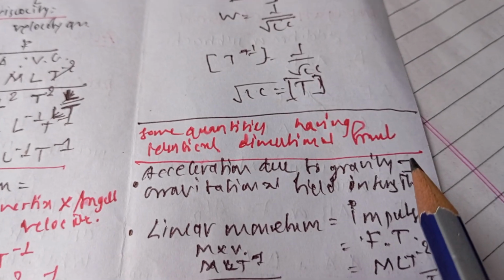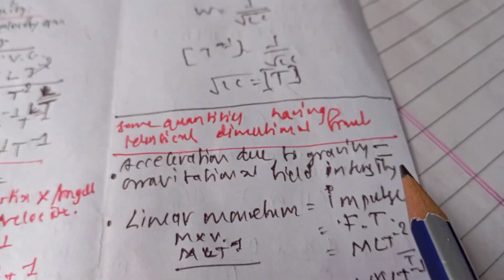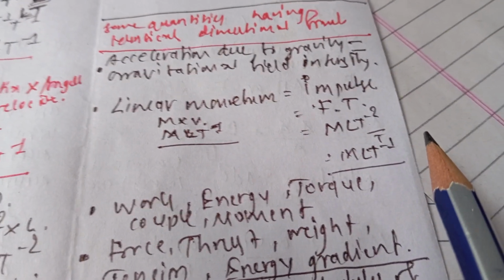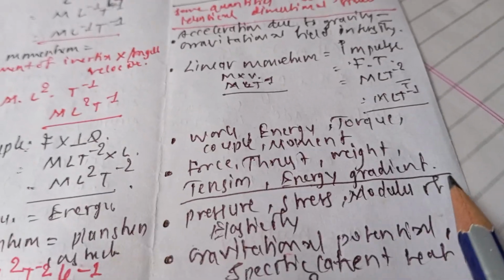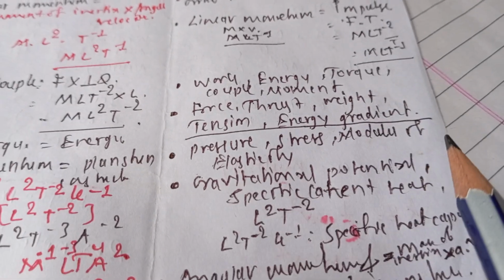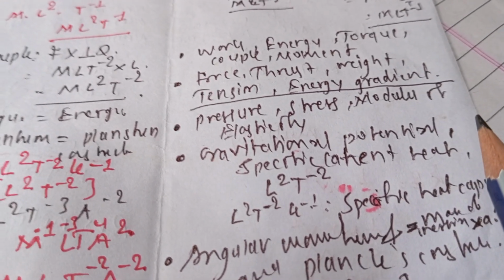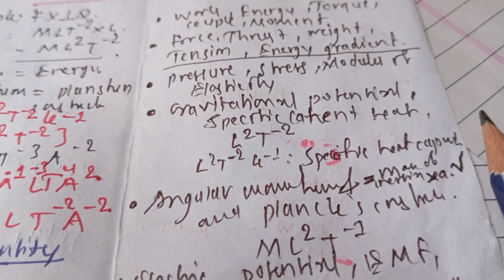Some quantities have identical dimensional formulas. Acceleration due to gravity equals gravitational field intensity; linear momentum equals impulse; work, energy, torque, couple moment; force, thrust, weight, tension; energy gradient; pressure, stress, modulus; velocity; gravitational potential; specific latent heat.